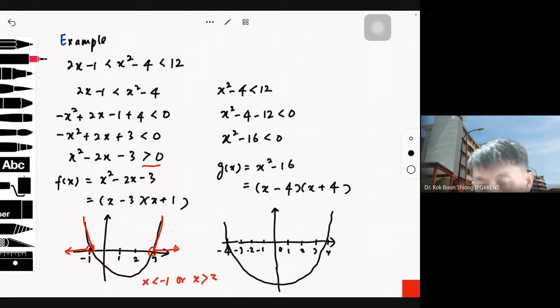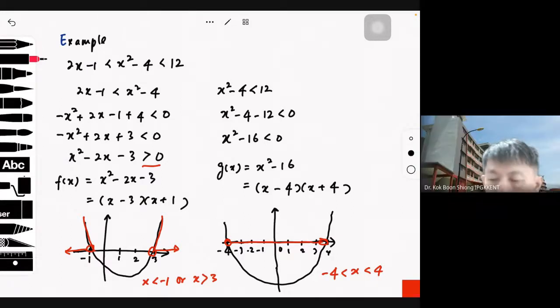Over here, because it's smaller than 0, we must use the inner part of the graph. So the answer is x must be between negative 4 and 4.